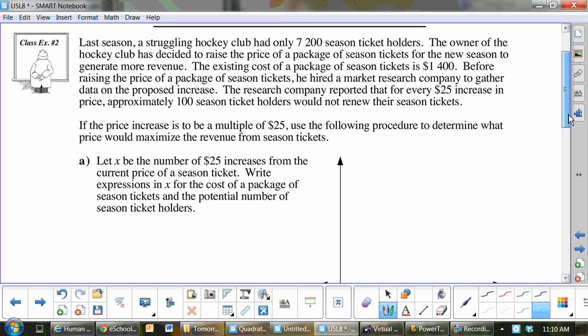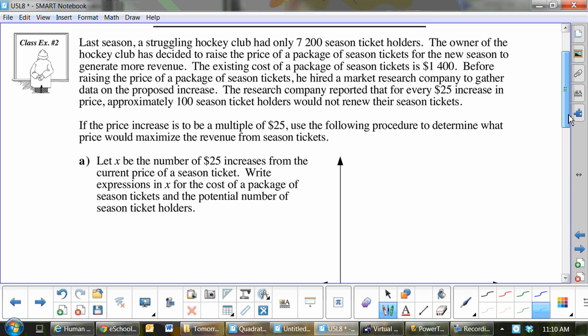So how do you find revenue? A simple formula. Perfect. Revenue is the amount of things you're selling times how much one thing costs.